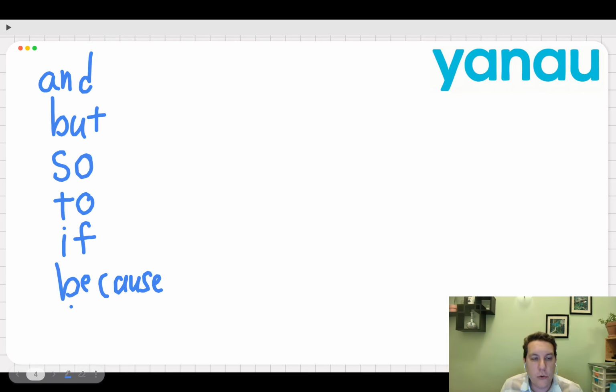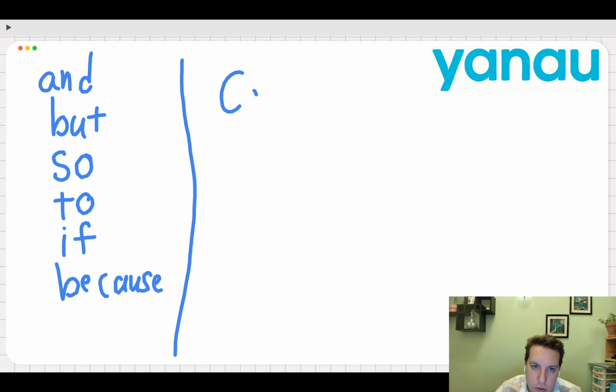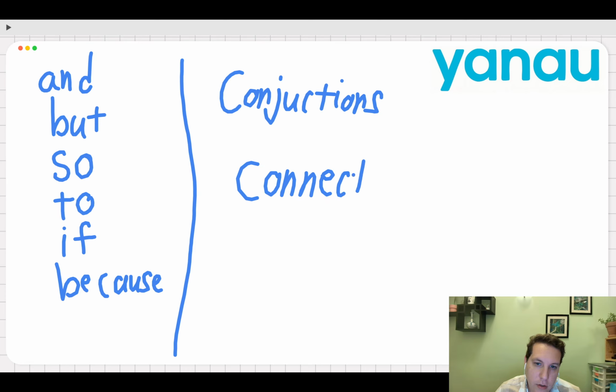I'm not going to cover a full list right now. I don't know if there is even a full list. But ultimately speaking, these words represent the conjunctions that we use. Conjunctions that we use in order to connect what? Connect clauses.